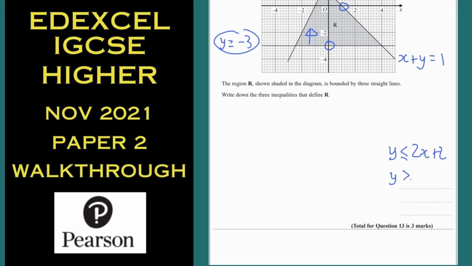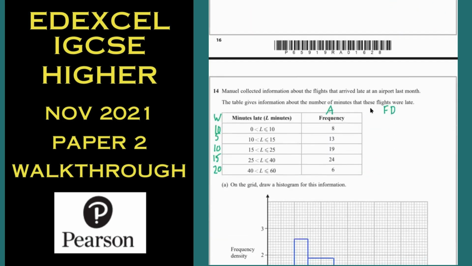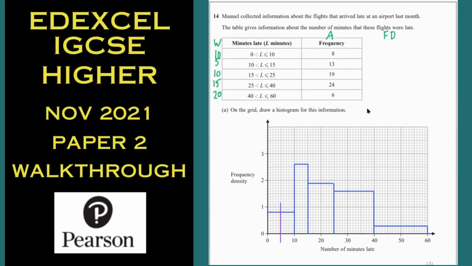So we'll say that y must be greater than or equal to minus 3. And for this one, it's kind of underneath, as I would say it. So again, the height doesn't need to be too big. So it's the x and the y's which would need to be under 1. And there we go.